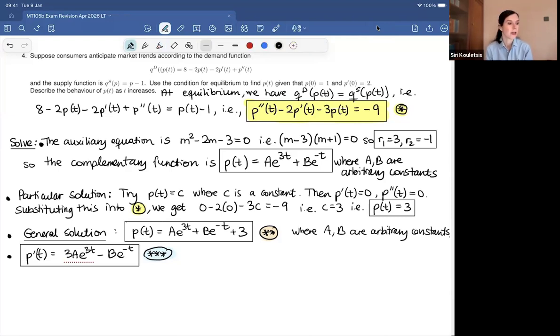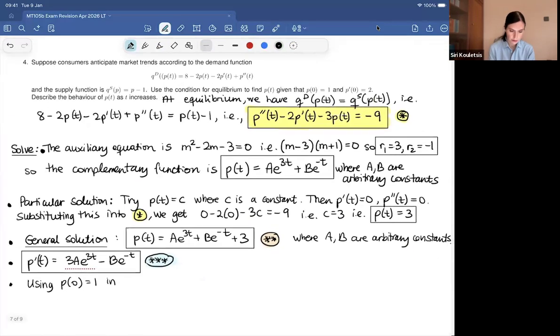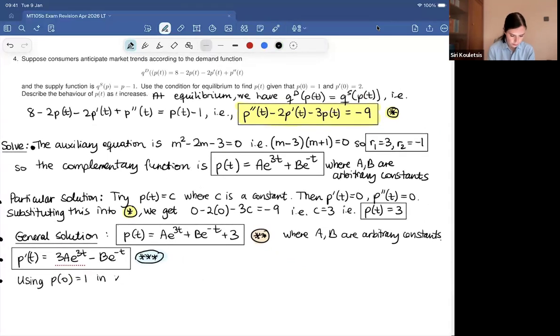So now, applying then P of 0 equals 1 in equation with 2 stars here.